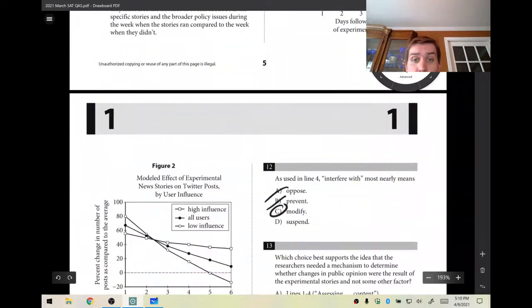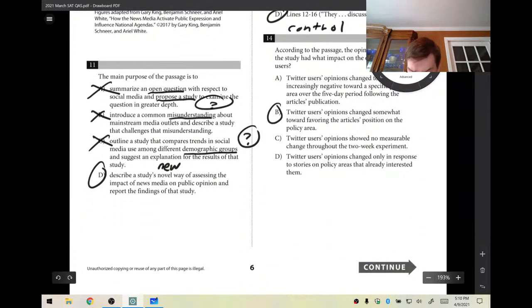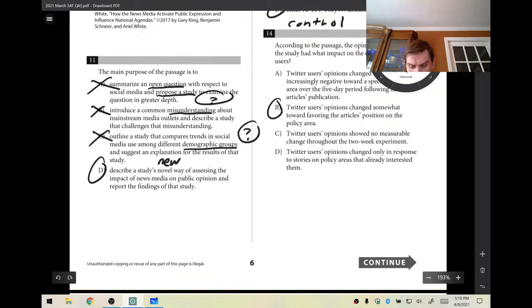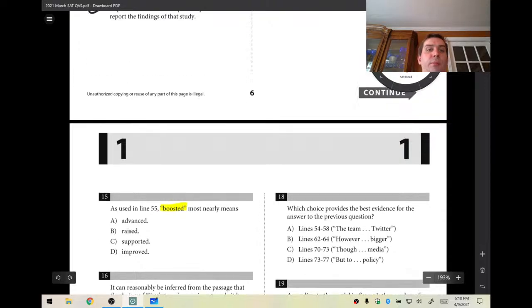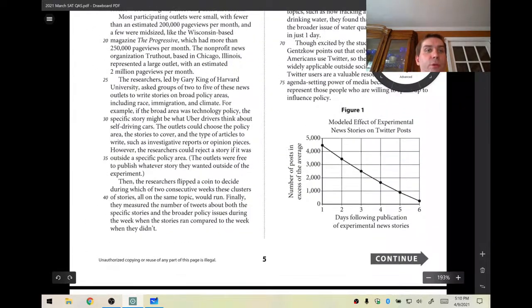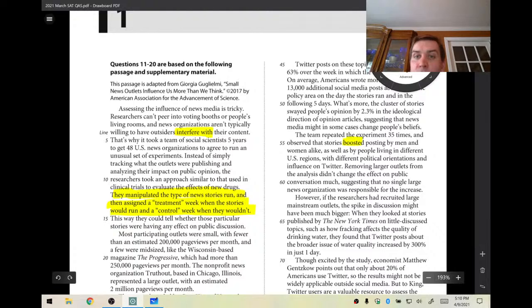All right, let's keep going. Now we are on to question 15. Here's another vocab question. As used in line 15, the word boosted most nearly means what? I am going to read that line, and I'm also going to change boosted to some of those other options, see what works.